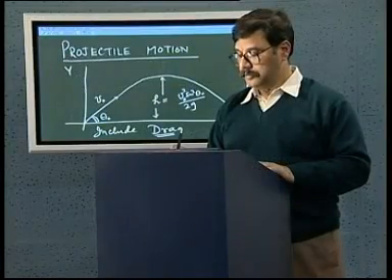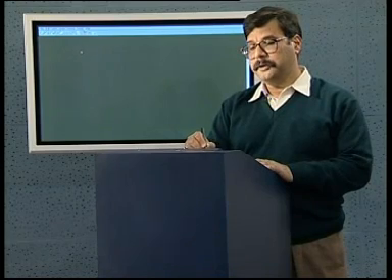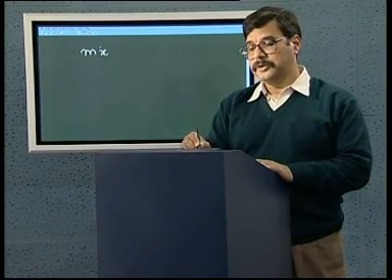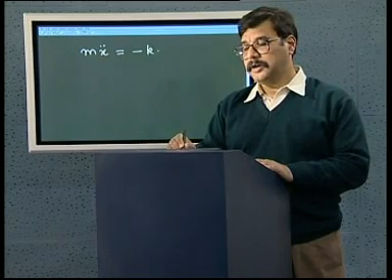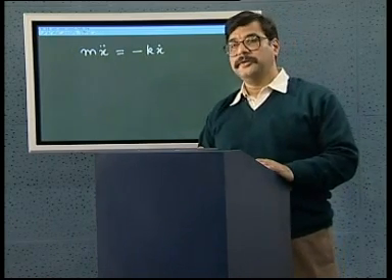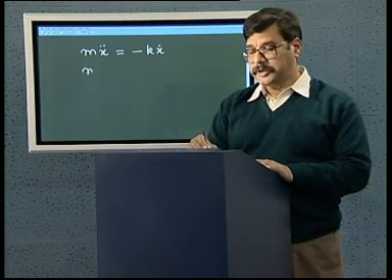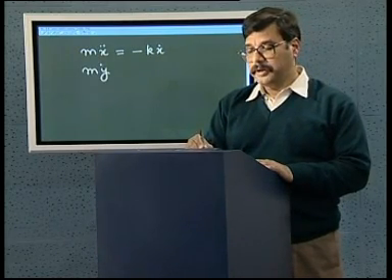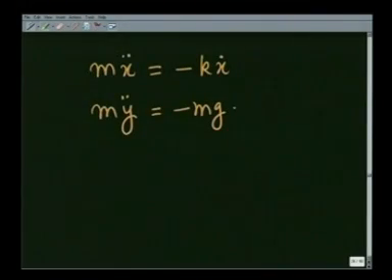Therefore, my equation of motion for the projectile is going to be m x double dot is equal to minus k x dot, because there is no horizontal applied force, and in the y direction I am going to have m y double dot is equal to minus mg minus k y dot.